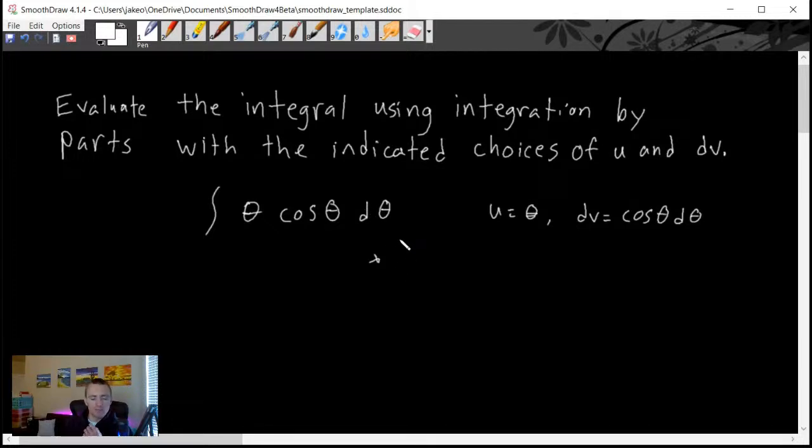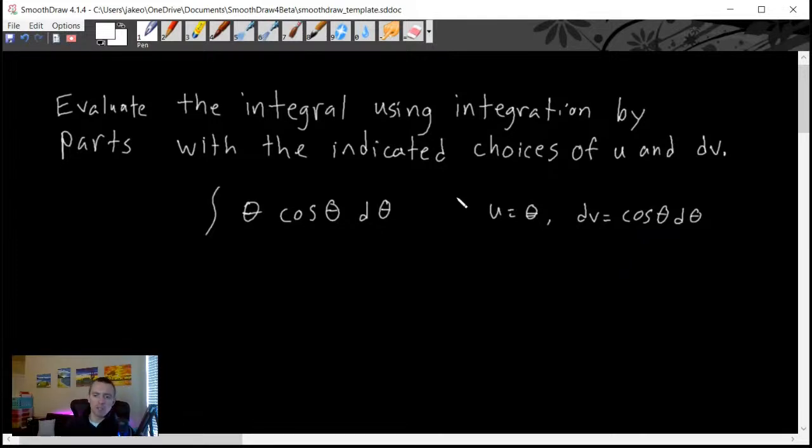In this case, it's been given to us, so that makes things a lot easier. But in general, a good rule of thumb is you want to pick your u to be whichever thing is going to be easier to take the derivative of, and your dv to be whichever thing is going to be easier to take the integral of.